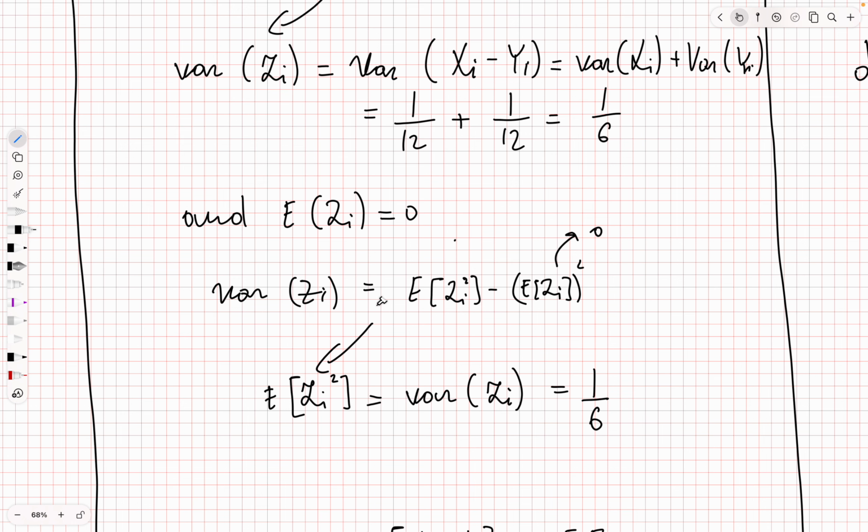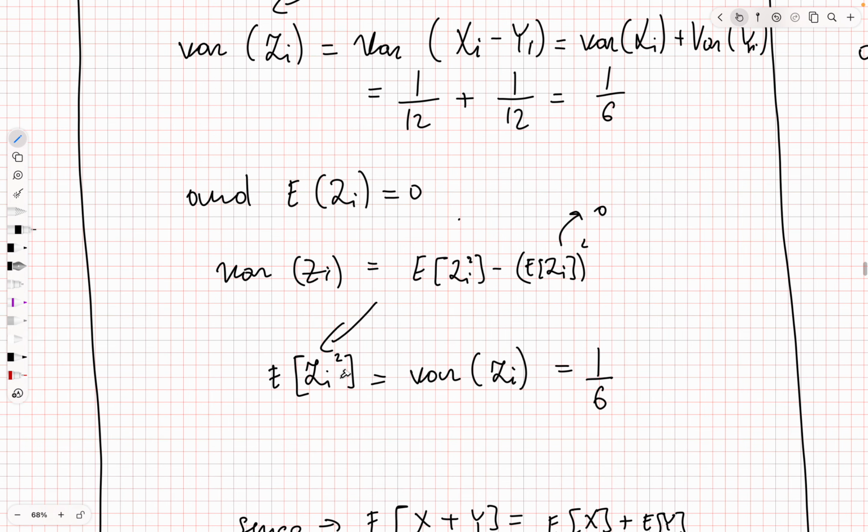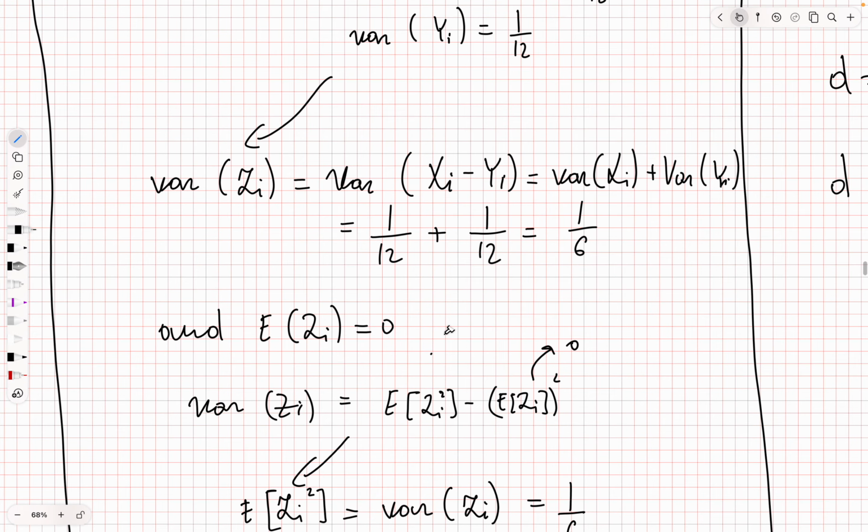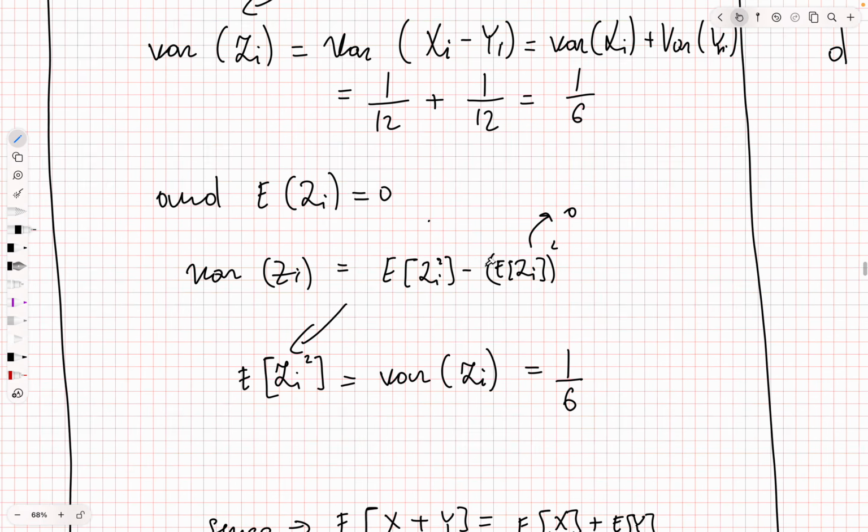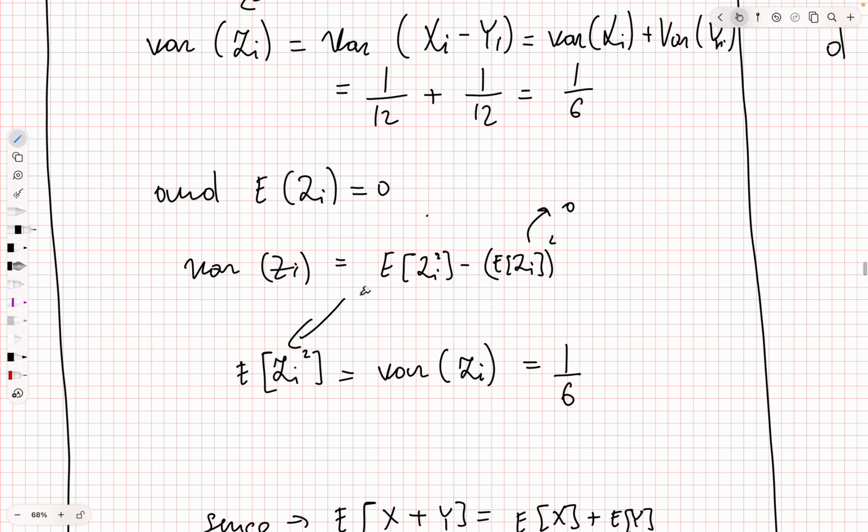And then we come here. We look at here, this is 0. And then we look at zi squared, the expected value of zi squared. The expected value of zi squared here is basically the variance of zi, which is 1 over 6, because this goes to 0, and then we are left with this.